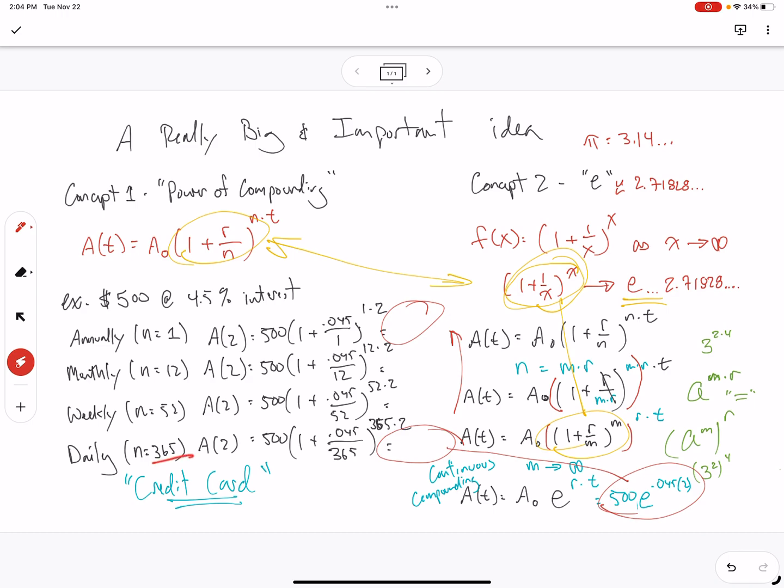So it's not 365, it's not 10,000, it's not 1,000,000, it's not 1,000,000,000. This right here is how we get this idea of e and how it applies. Super, super important. And this is a formula that we're going to use a lot between now and the end of the year.